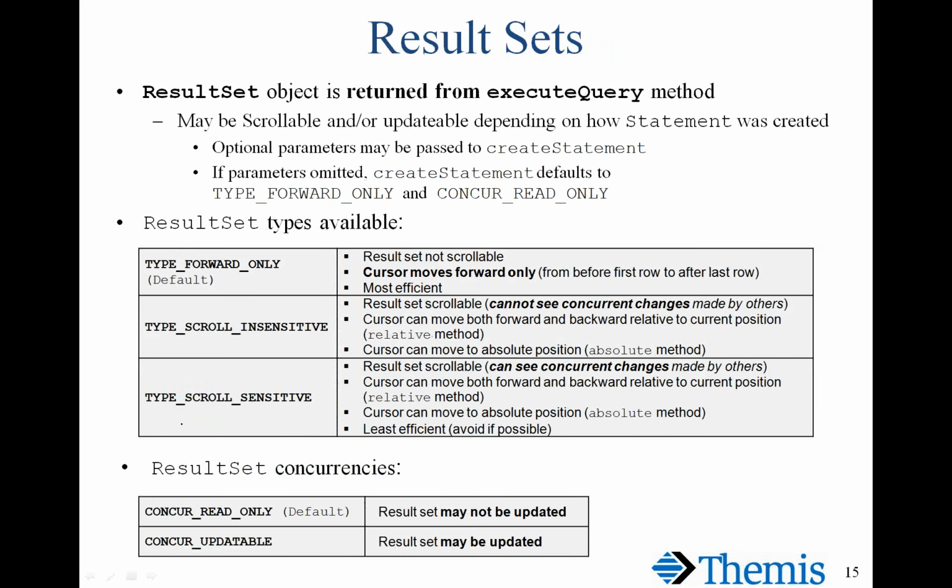Now, the other capabilities of a result set are scrollability, which allows you to back up and jump ahead. The default is that you can only go one by one from the beginning to the end of the result set. And the other capability is updatability. The default may not be updated. We'll show you how you can update through a cursor using the concurrency settings.